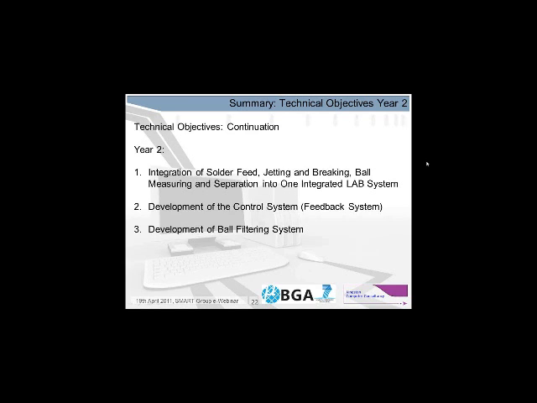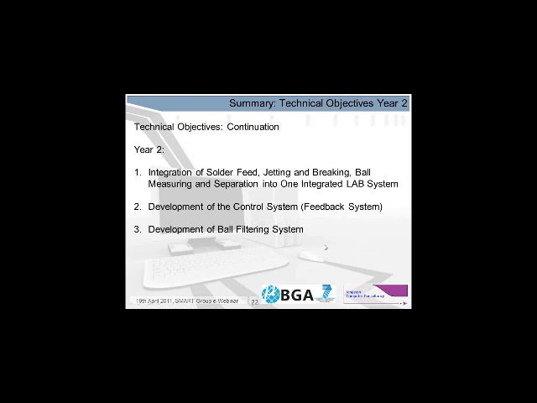In this lab system, the ball imaging data will be taken into a control system which will compare the produced ball parameters against the target parameters and provide near instantaneous feedback to the production tank.